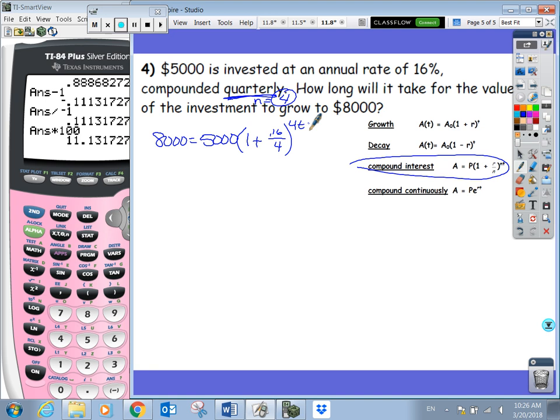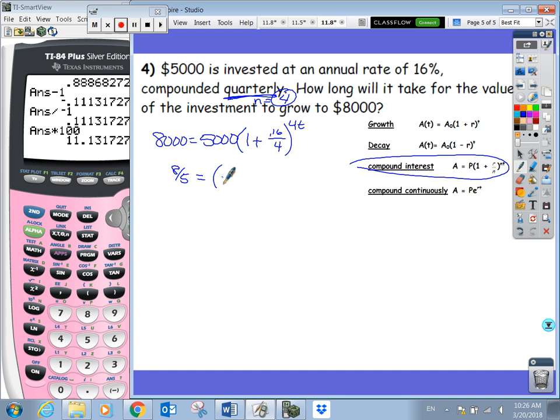So there's your work right there. From this point on, you can do this a lot of different ways. I'm going to solve it out and solve for t. I don't like y1 and y2 in these problems just because sometimes it can be so little or so big, it's hard to see on the graph. So you divide by 5,000.